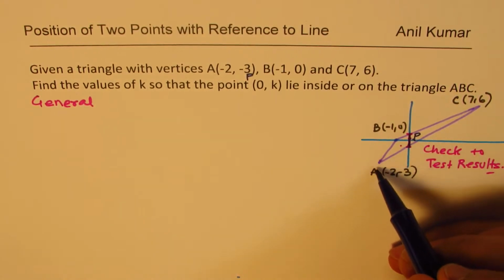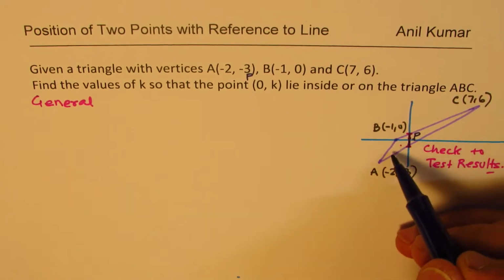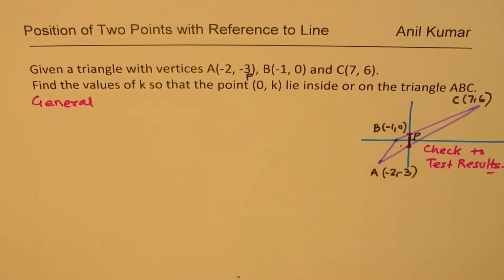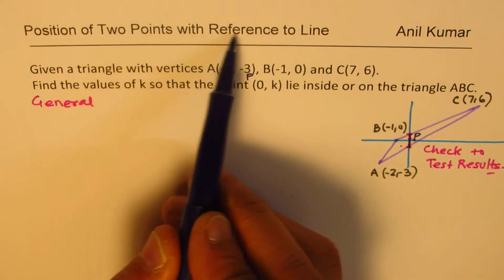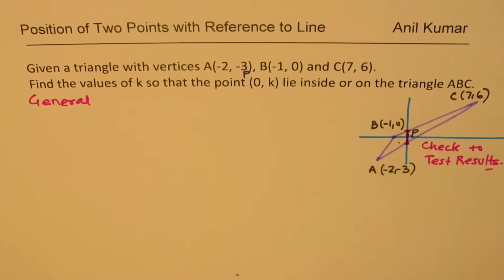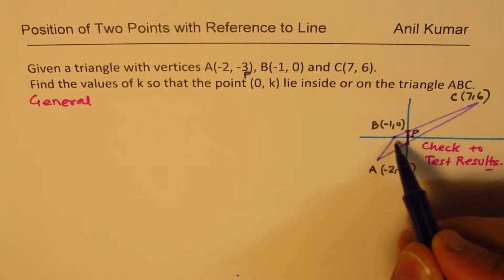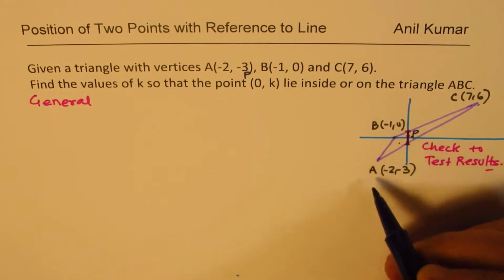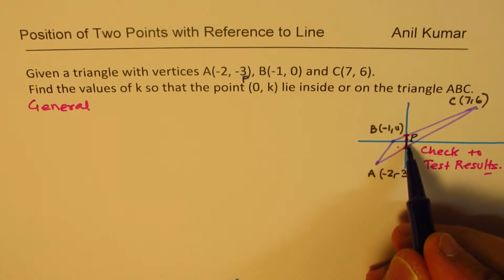And if I'm looking from the line AB, then point P and C are on the same side of AB. So the concept here is the position of 2 points with reference to a line. We are looking for the vertex and the point itself to be on the same side of the side opposite to the vertex. Does it make sense to you? So this is the concept we are going to use.